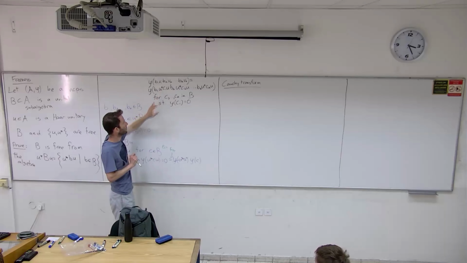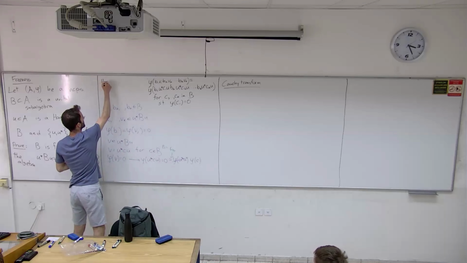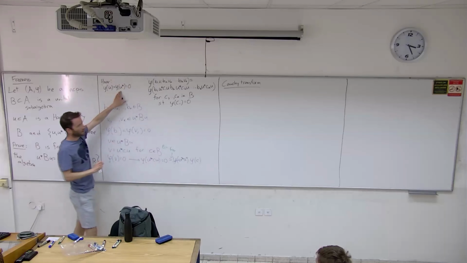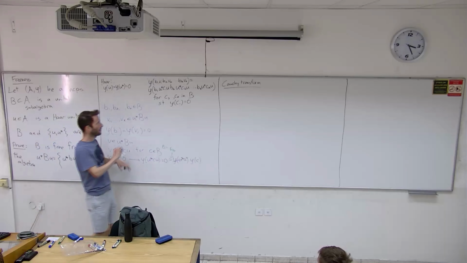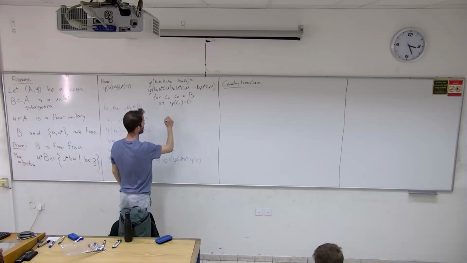Okay? And we know much more about Haar unitaries, but in particular, phi of U equals phi of U star equals 0. It's also true for every positive power. So here, by definition of freeness, this equals 0.